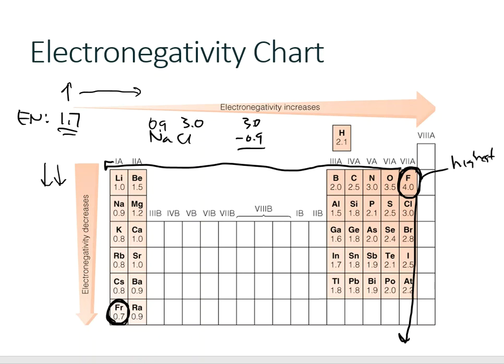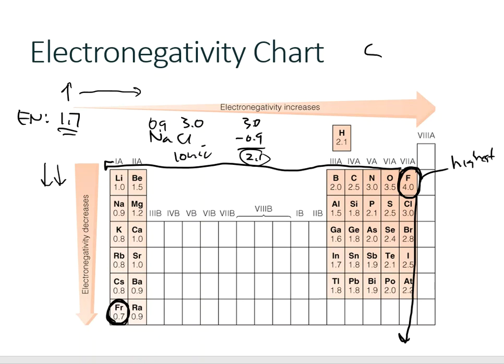So take the absolute value if you get a negative. So 3.0 minus 0.9 is 2.1. 2.1 is greater than 1.7. So therefore, this is proof using electronegativity that NaCl has an ionic bond.